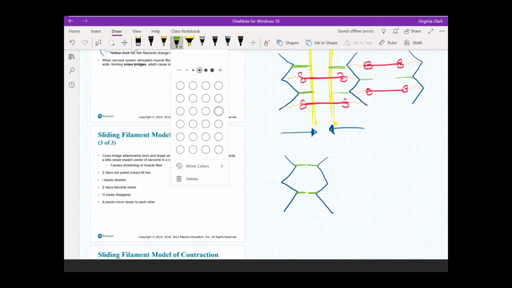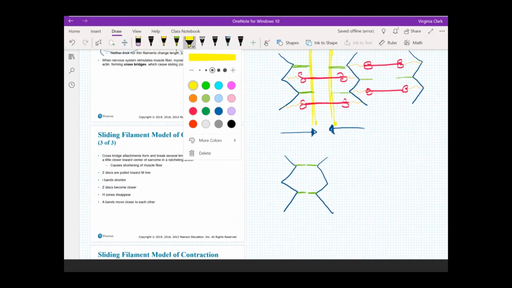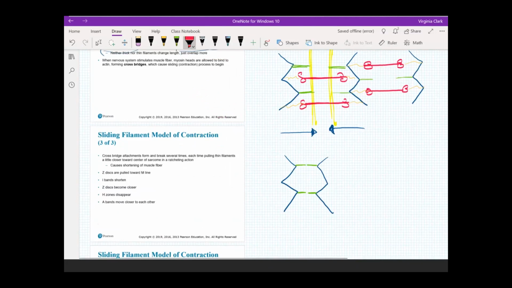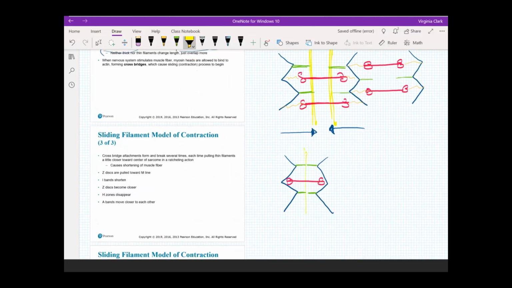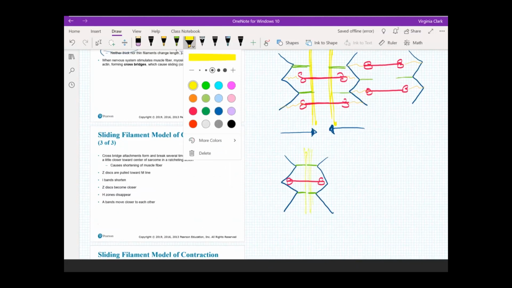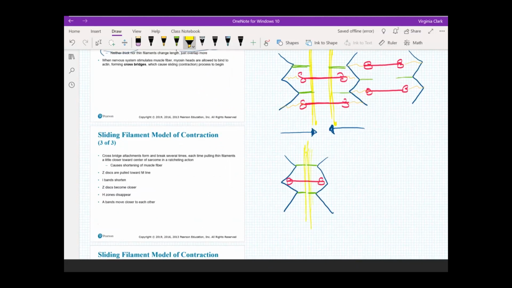We have also not shortened our myosin at all. So it is still going to be as thick as it was. There is just now more overlap between your actin and your myosin. So now we have this as our overlap between our actin and our myosin. That is much, much different.